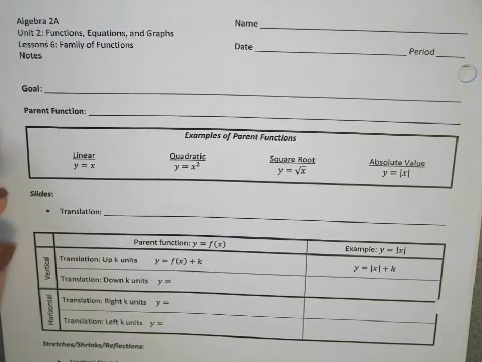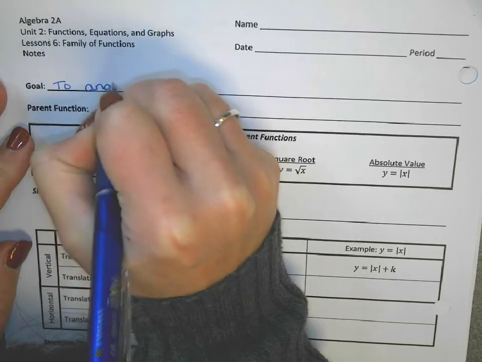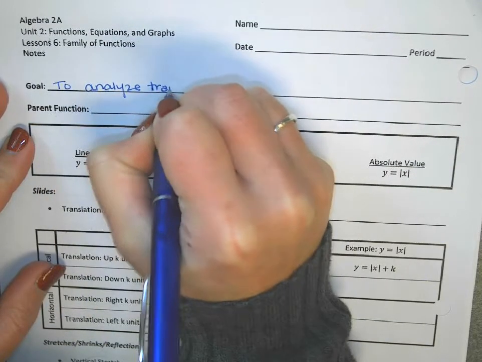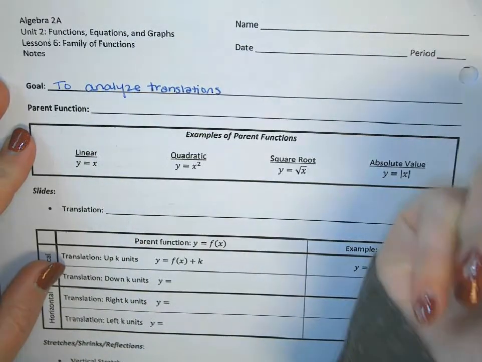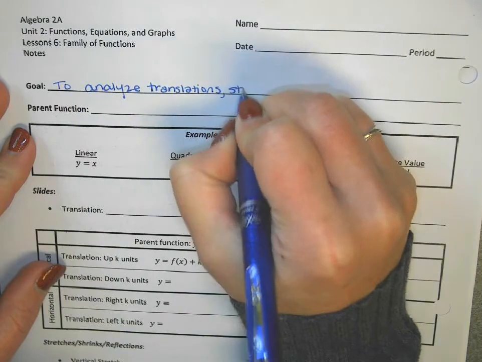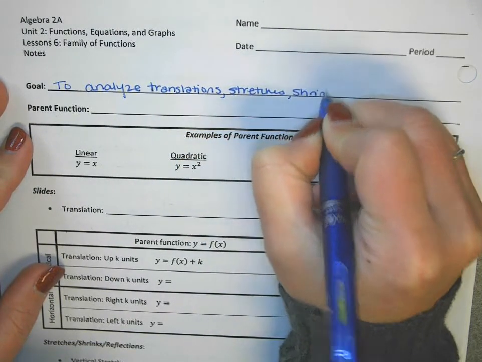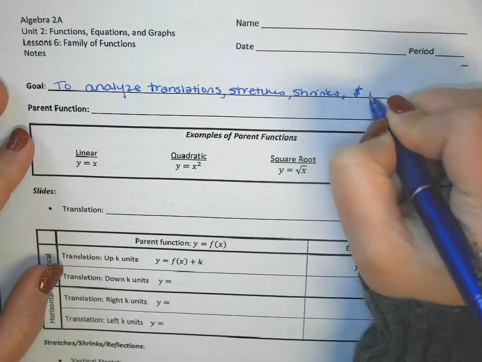So our 2.6 is to analyze translations, stretches, shrinks, and reflections.